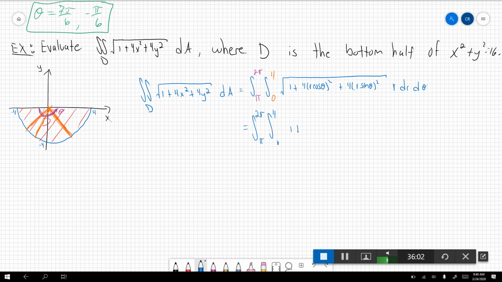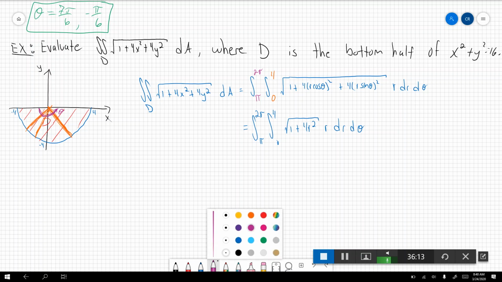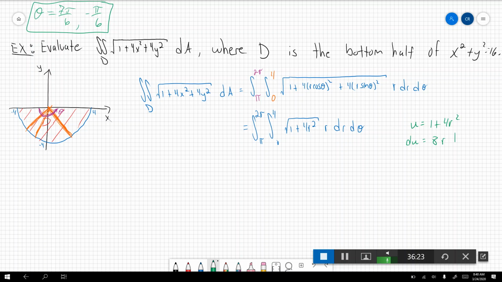It should get us 1 plus 4r squared for that radicand multiplied by r dr d theta. And once you get here, you want to use a u substitution. You can do u is equal to 1 plus 4r squared, which means du will be 8r dr. And you can then make that substitution here.